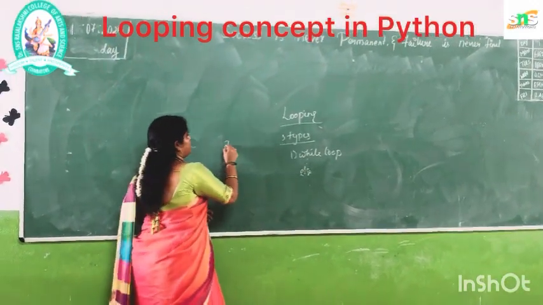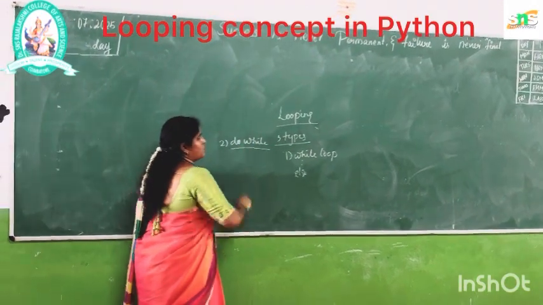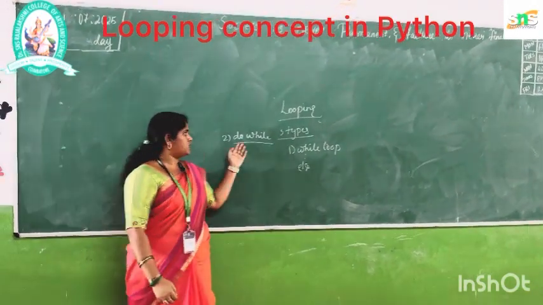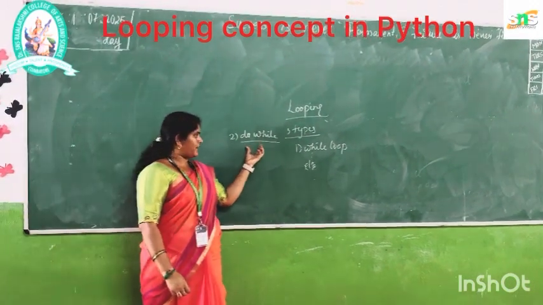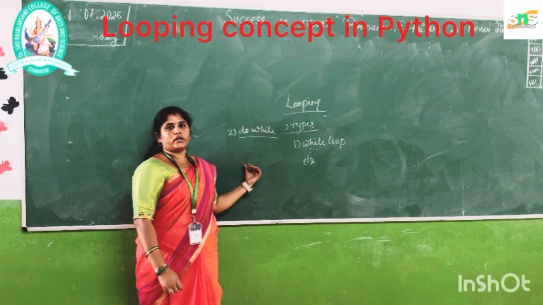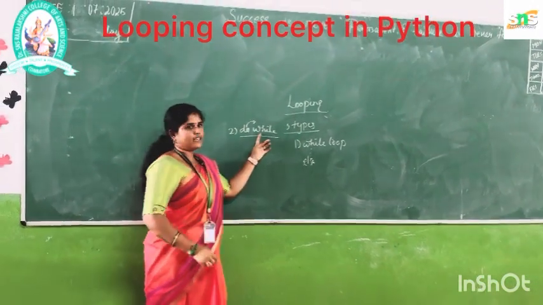The next one is the do while. What is the objective of do while? It performs some operations, then it checks the condition. That's why it is do, then checking the condition.